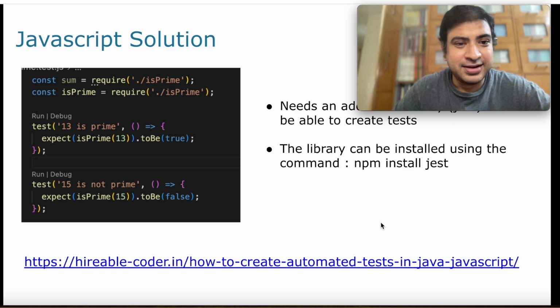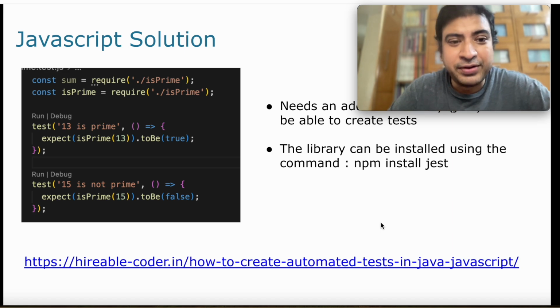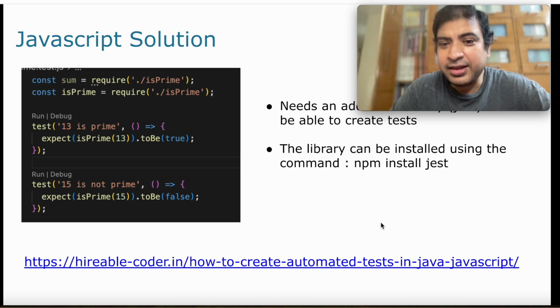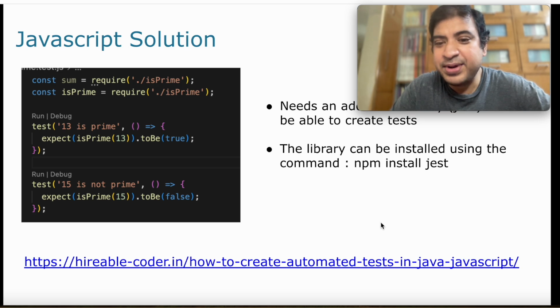Even for the JavaScript solution we need an external library, and the name of the library is jest. Sorry, you cannot see the text over there. We can install the library using the command npm install jest, and when you install the library, we can run the test code.